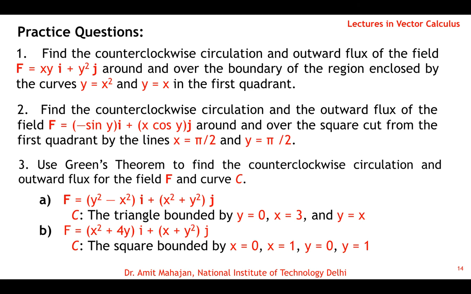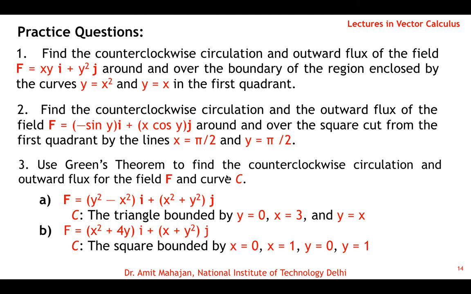I leave you with some practice questions. Find the circulation and outward flux when you are given a field bounded along a boundary region enclosed by the parabola and line in the first quadrant. Find the circulation and flux for this field when the region is a square cut by the lines x equals pi by 2, y equals pi by 2 in the first quadrant, along with the x-axis and y-axis.